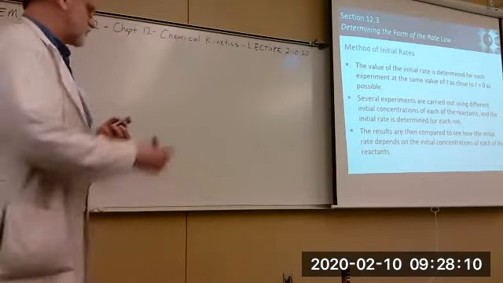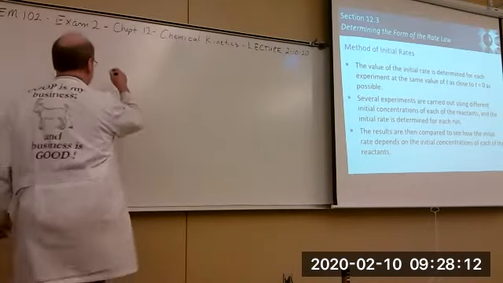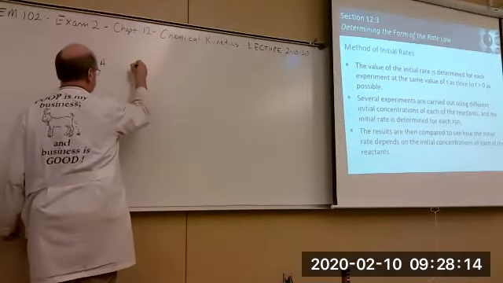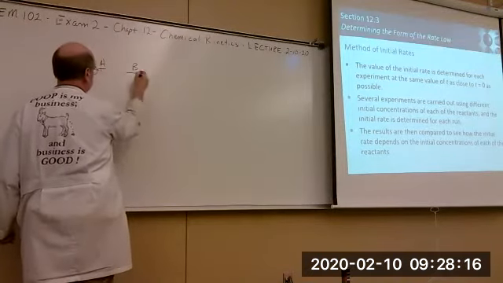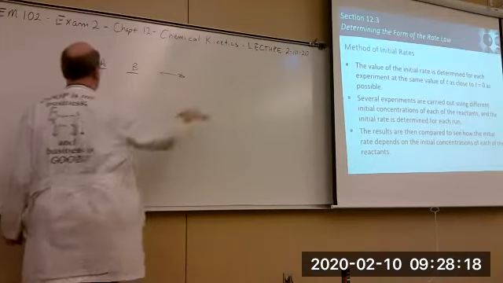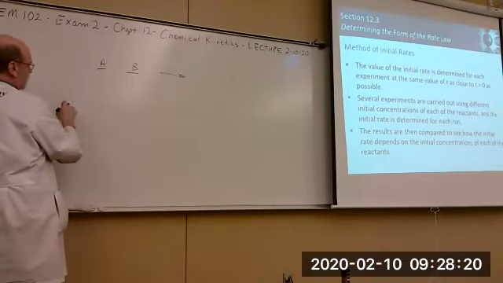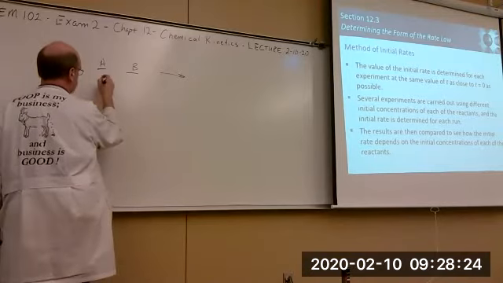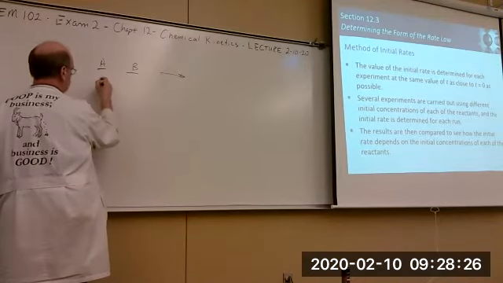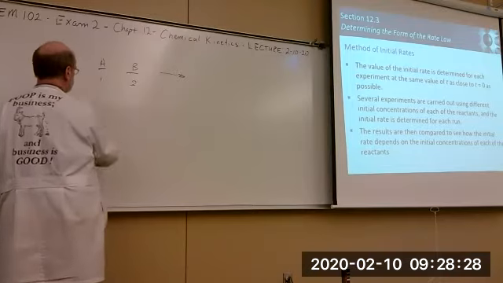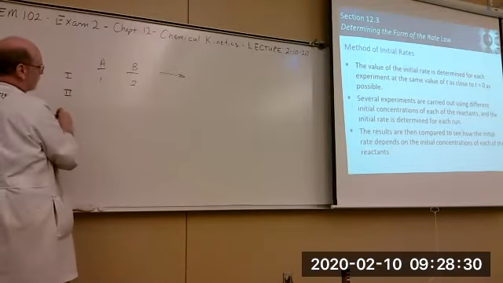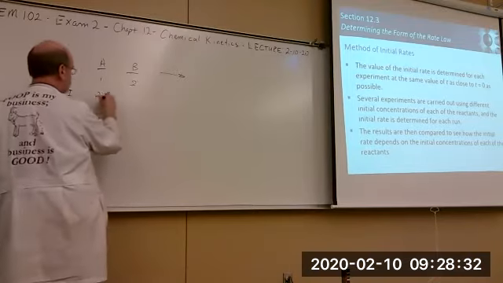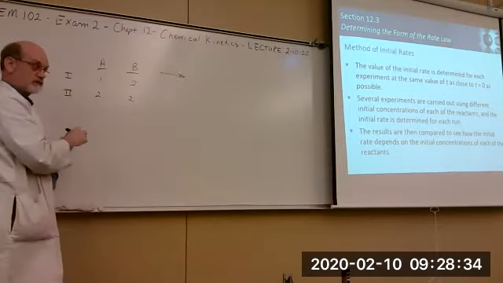So what you do is you set up your experiment so that, let's keep it simpler, say we have 2 reactants, and they're going to produce some products over here. So for experiment 1, you might have a concentration of, let's just pick numbers, say 1 and 2 here. And then for the next reaction, you'll have 2 and 2 concentrations.